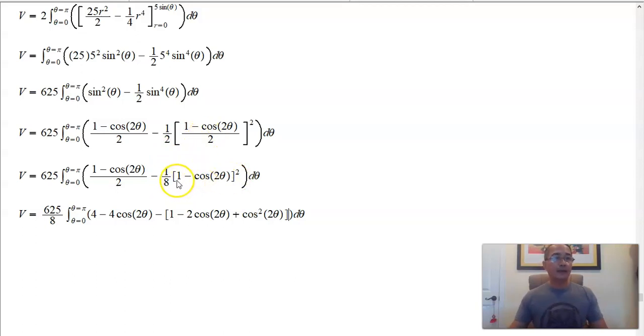And then I decided to take the 1/8 outside just because I don't want to deal with fractions as much as possible. So it means I owe a 4 for the first fraction. 4 minus 4 cosine 2 theta. And then I went ahead and squared here. So 1 minus 2 cosine 2 theta plus cosine squared 2 theta.